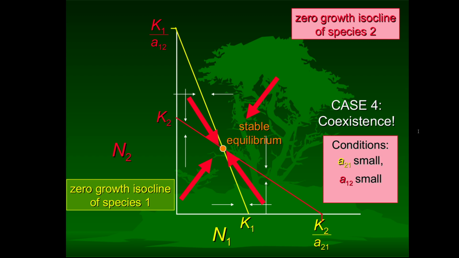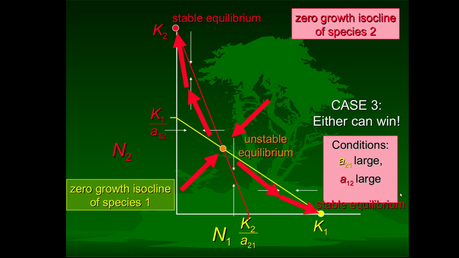So generally speaking, if A21 is very large, then that favors species 1. If A12 is very large, then that favors species 2. Of course, the carrying capacities are also important, and the higher the carrying capacity of any species, the more likely that species can win the competition because it allows a high value of N at equilibrium.